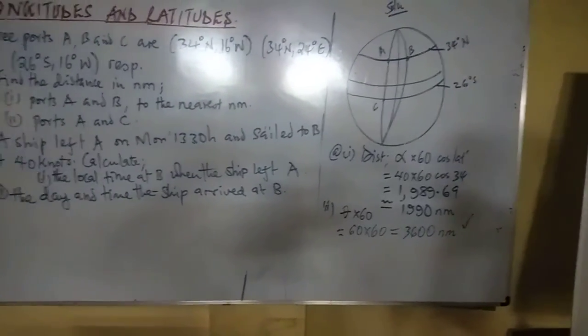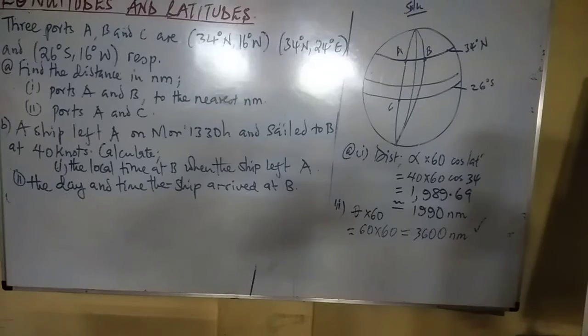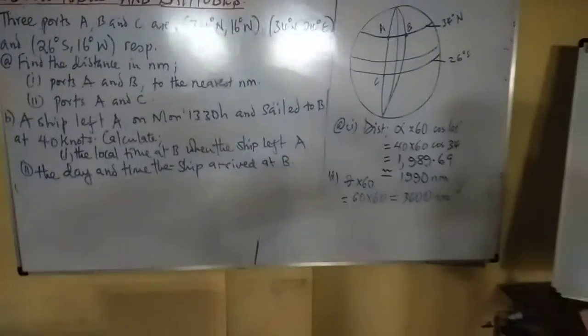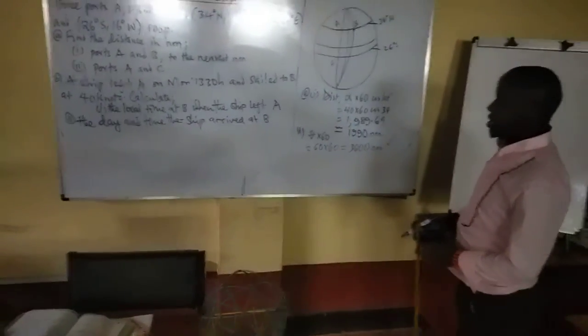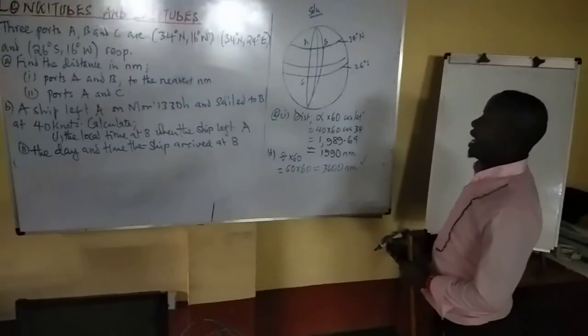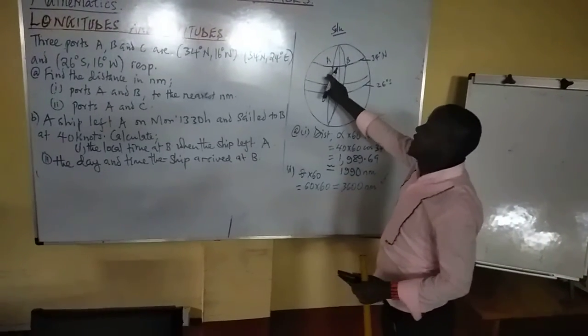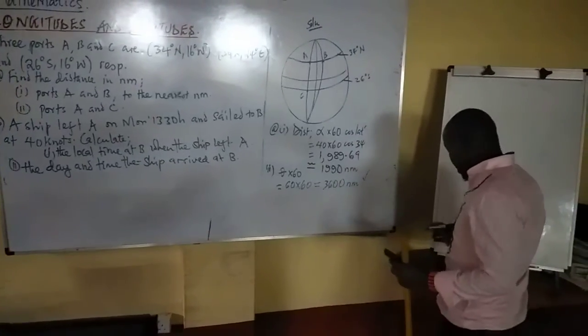Now, we have part B, and it has some instructions. We are told there is a ship which left A on Monday at 13:30 hours and sailed to B at 40 knots. Calculate the local time at B when the ship left A. So, if at A the time is 13:30, it is good to check where B is.